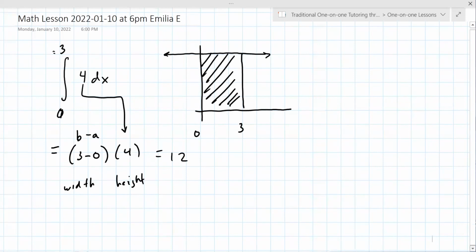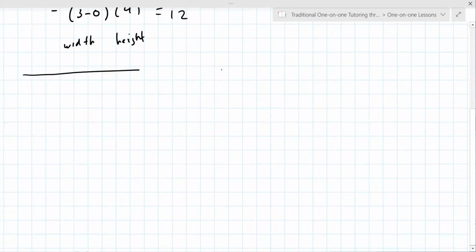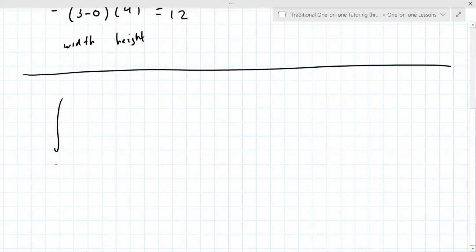Yeah. Okay. So real quick here, let's say I wanted the integral from 2 to 5 of 1/2 dx. Do you feel like you could do something like that on your own?